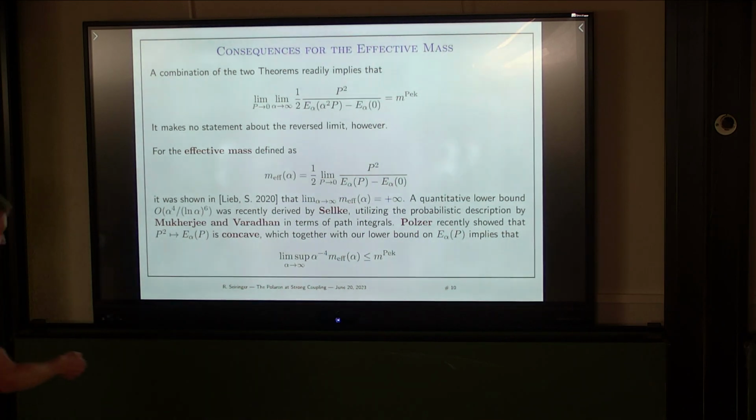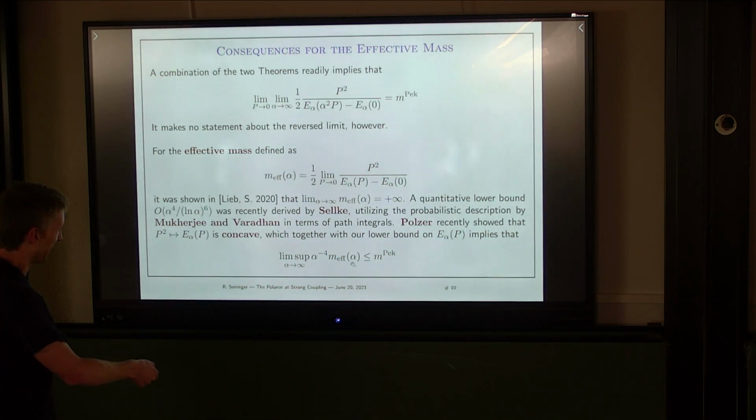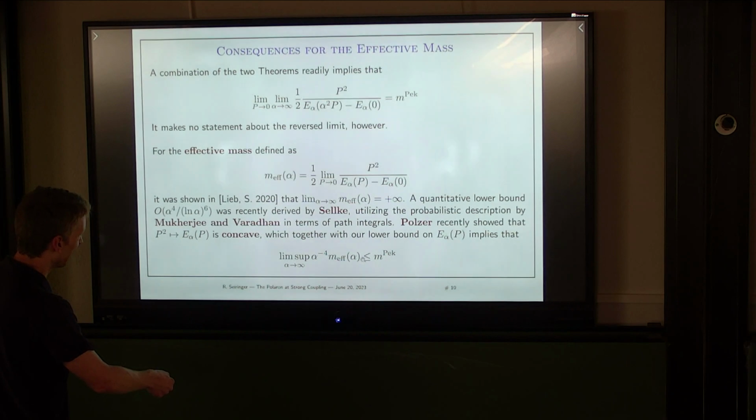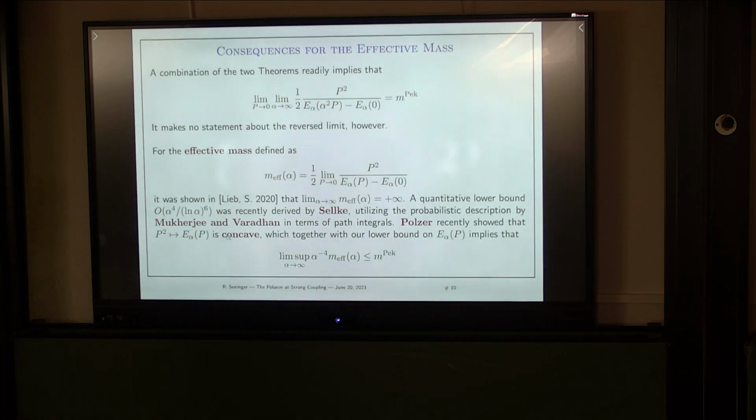It immediately tells you the upper bound, that this effective mass asymptotically cannot be larger than the predicted value, alpha to the 4th times this Pekar constant. The corresponding lower bound, as I said, is still missing. Equality is expected here, clearly, but the upper bound actually follows from our work, together with this nice concavity result. Okay.